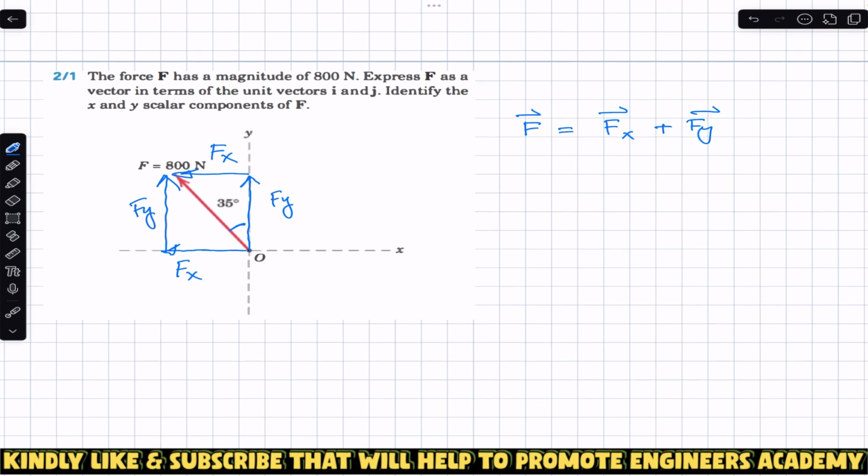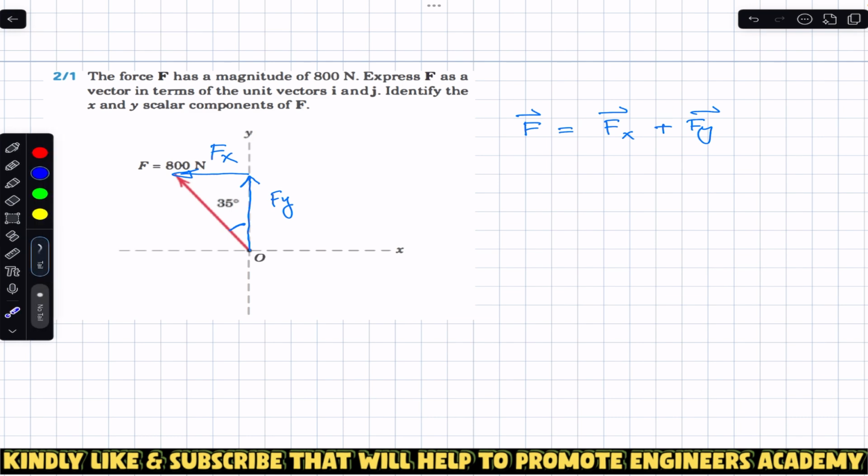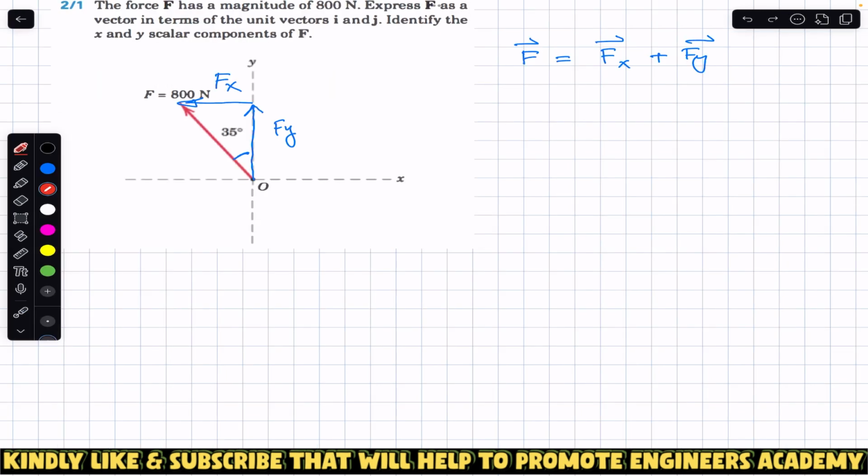So considering this right angle triangle, this force F is the hypotenuse, and for this angle, F_y is the base and F_x is the perpendicular. Now if I apply cos of 35 to this right angle triangle, then cos of 35 degrees will be equal to the adjacent side divided by the hypotenuse.